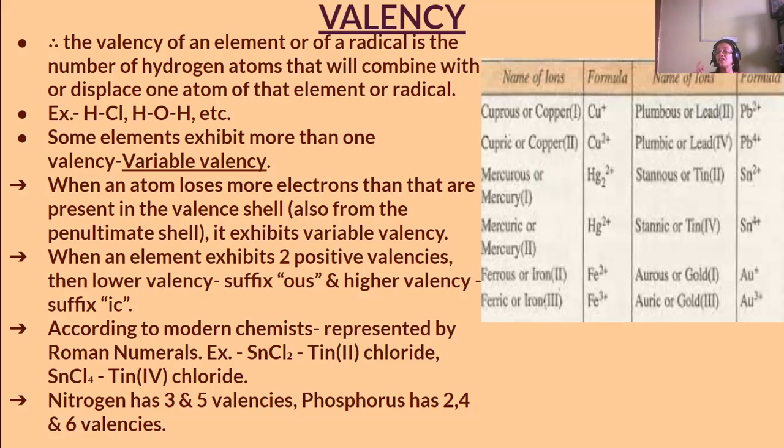Like iron has the suffix -ous for ferrous, that is 2 positive valency, valency is 2. And if the valency is higher, if its valency is 3, then the suffix is -ic, ferric. According to the modern chemist, it is represented by Roman numerals. Like this is stannous chloride, tin chloride.